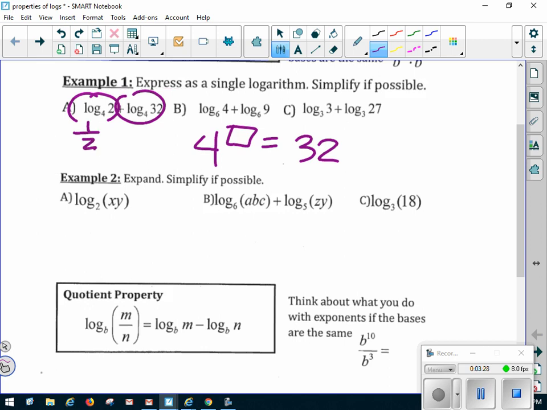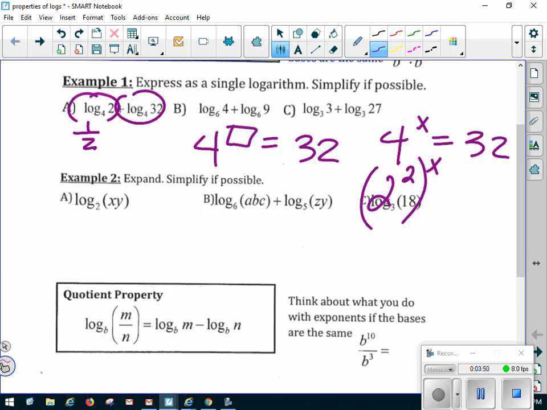Now, 4 to what power is 32? So here's what I'm going to do. I'm going to write 4 to the x equals 32, and we're going to figure out what x is. 4 is 2 squared, right? So 2 squared to the x. When I raise a power to a power, what do I do to the powers?